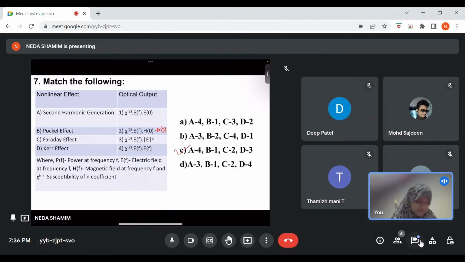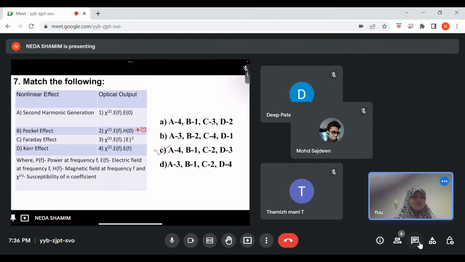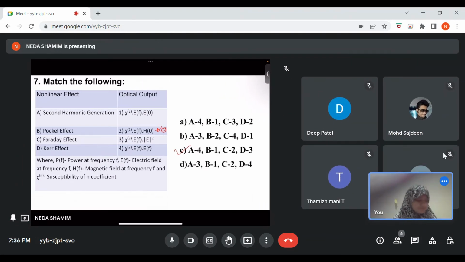Then I would ask Deep Patel to do the next, say Pockel's effect. Deep Patel, you answered it correctly. So where will Pockel's effect go to? Deep, can you hear me? Yes.